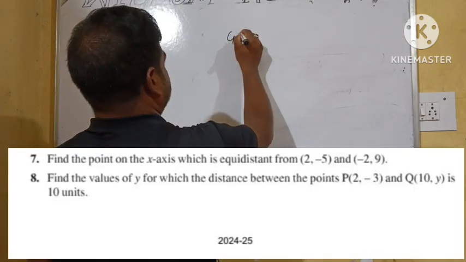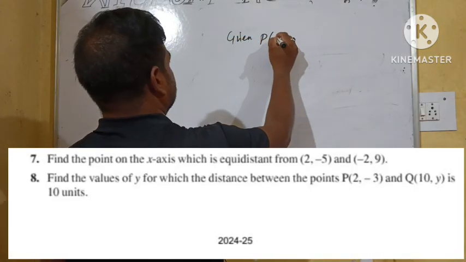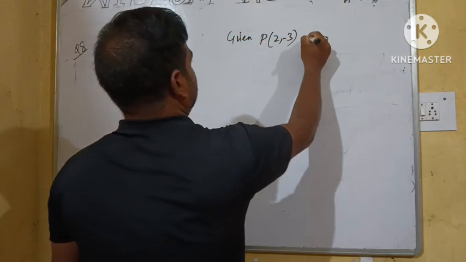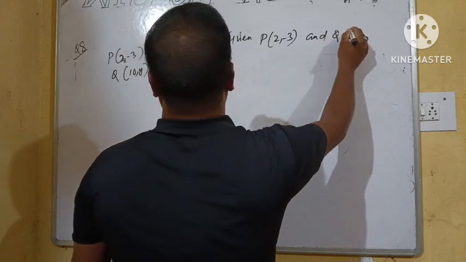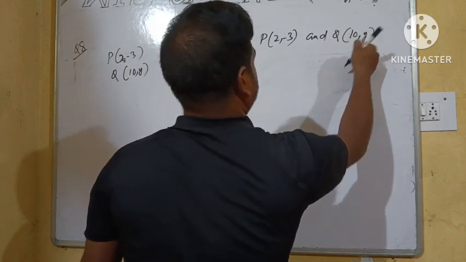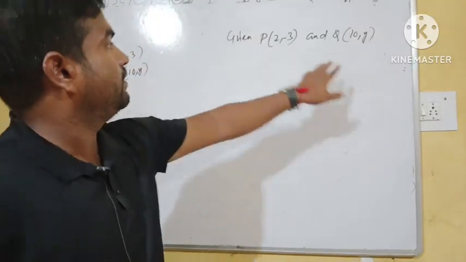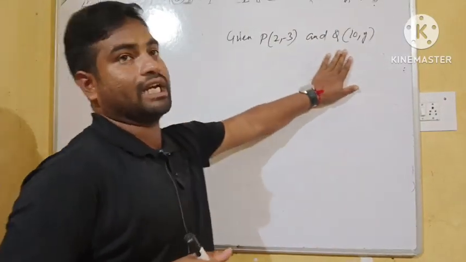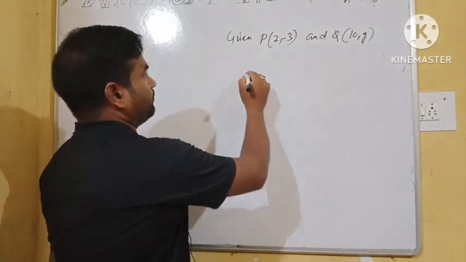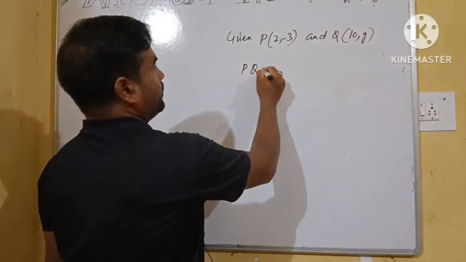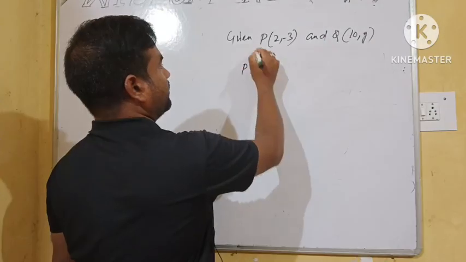Given P is (2, -3) and Q is (10, y). For which value of y? PQ is 10 units, so write down PQ is 10 units, given.